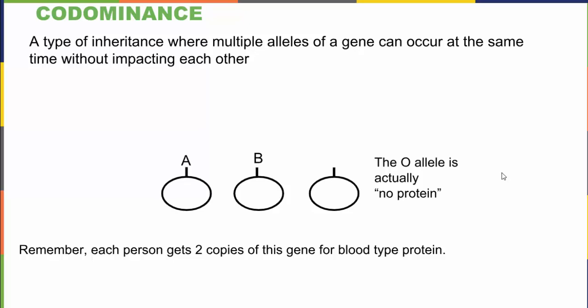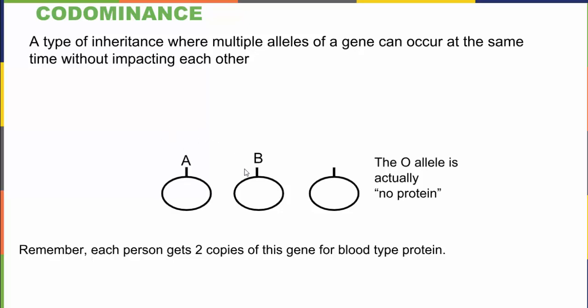Another special type of dominance, so it's not classical, it's not incomplete, it's codominance. Codominance is a type of inheritance where you can have multiple alleles that occur all at the same time without getting in each other's way. And the best example is blood type, which is what we're going to talk about now. For your blood type, there is a certain type of protein that appears on the surface of your blood cells.